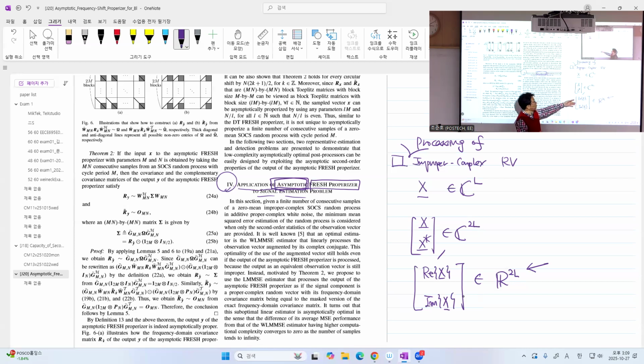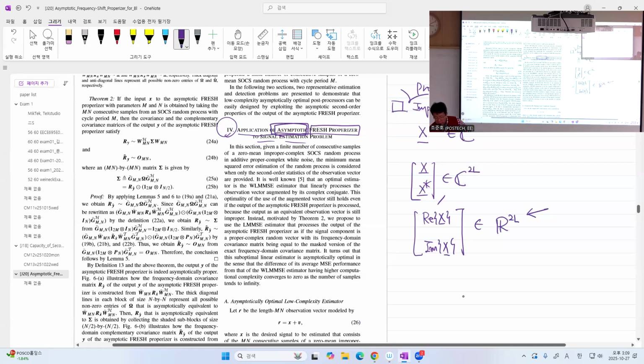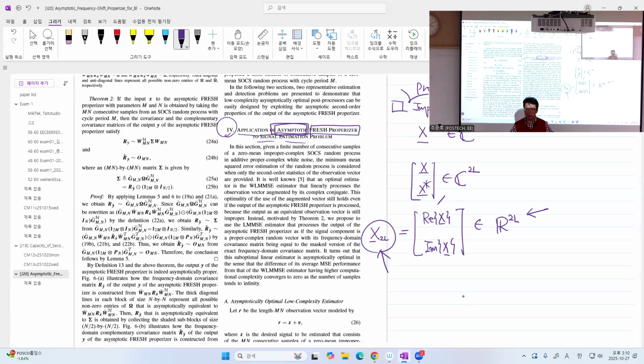If you just convert this one into that one, and you do signal processing for real valued signals, so you do some detection and estimation based on this signal of length 2L. Nothing new there, right? You already know how to do this. However, people focused more on this one.